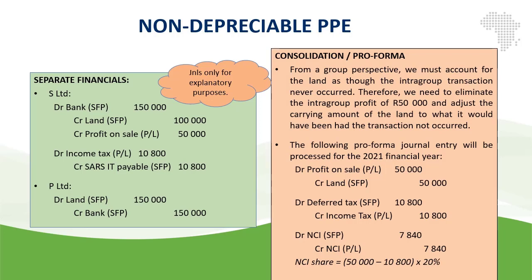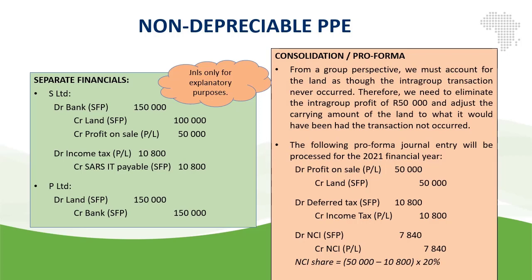But we know that from a group perspective, it should still be 100,000, as though this transaction never happened, because this is not a transaction with substance from a group perspective. So we credit the carrying amount of our land with 50,000 to revert it back to 100,000.